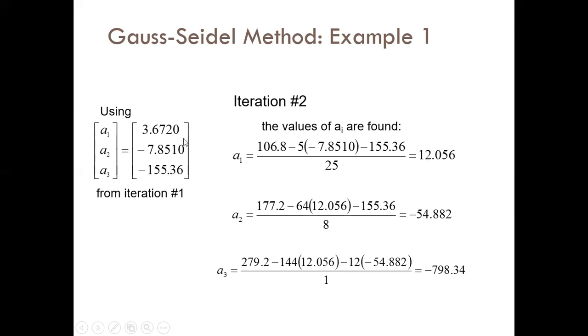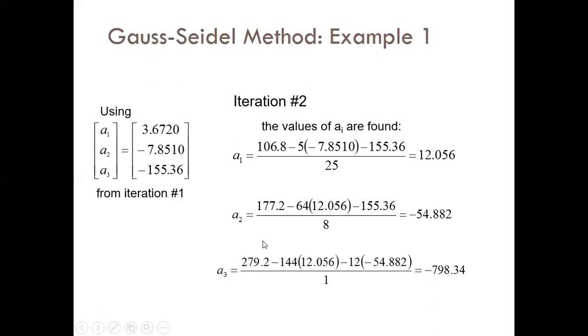Then put the values of A1, A2 and A3 in that equation for A1. The answer is 12.056. For A2, put the value of A1, 12.056, and A3, minus 155.36. Then the answer is minus 54.882.